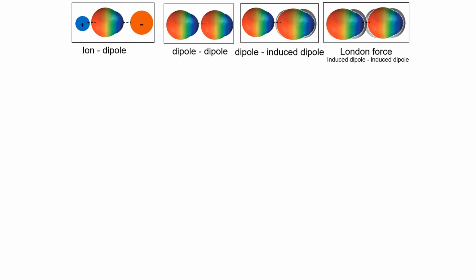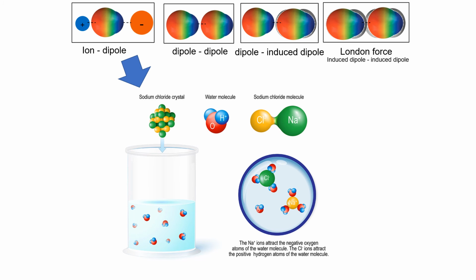Some examples of these intermolecular interactions. First, let's consider the ion-dipole interaction. The most common example is when you dissolve table salt, sodium chloride, in water. When you dissolve sodium chloride in water, the water molecules can bind with the Na+ ion or the Cl- ion, as shown in this image.